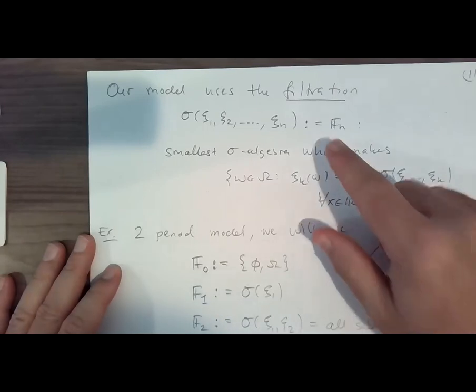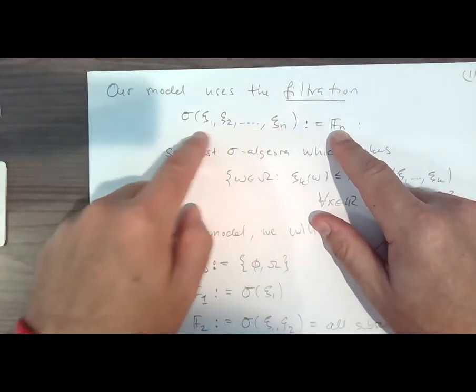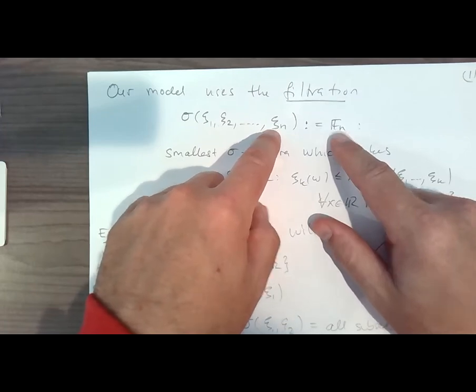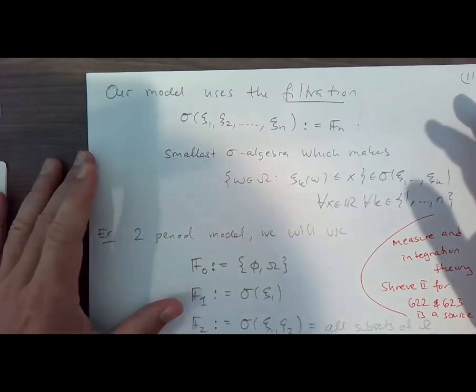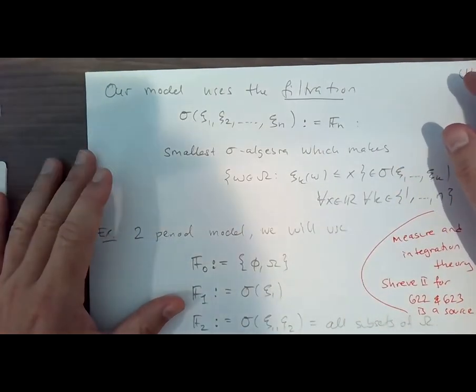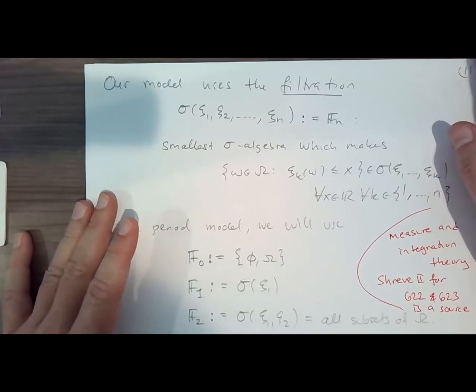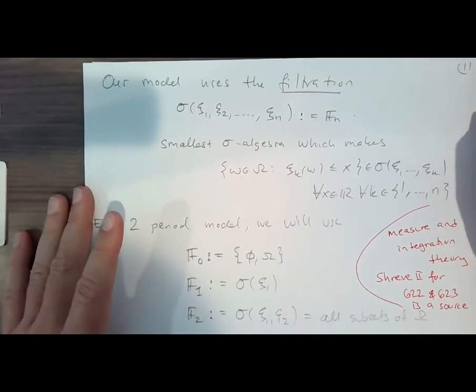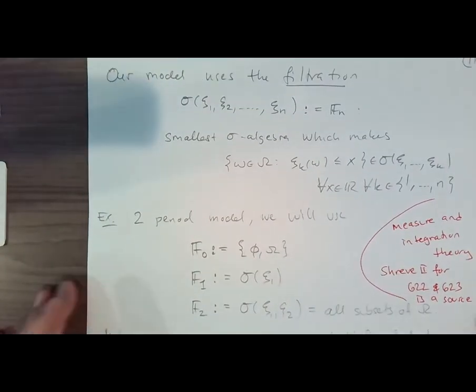And the interpretation is that if you're sitting at time n, you have observed the first n coin flips, right? And now you're going to make decisions going forward. Of course, you don't know what the next coin flip number n+1 is going to be, but you do know what the previous n coin flips were. So that's the next thing that I want to talk about: how does one work with this object?